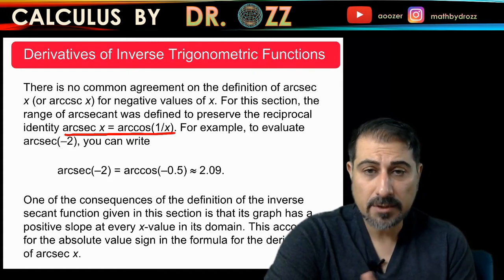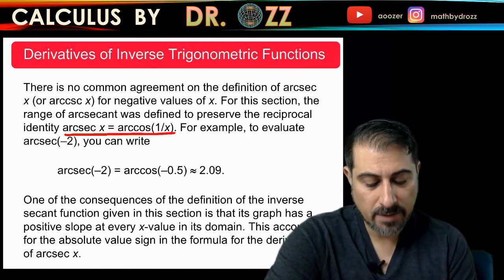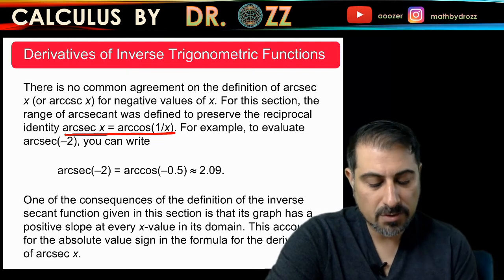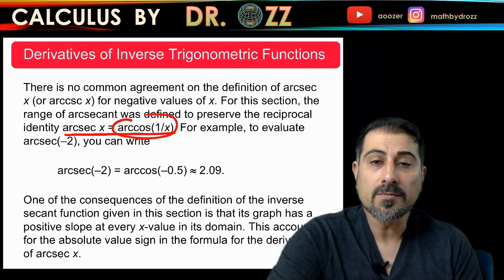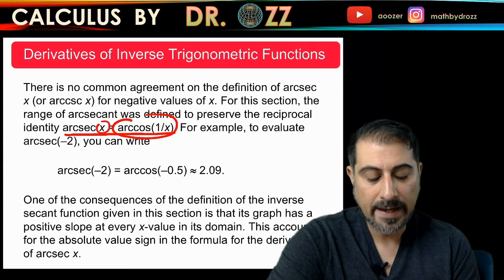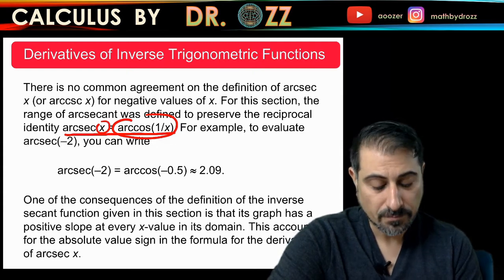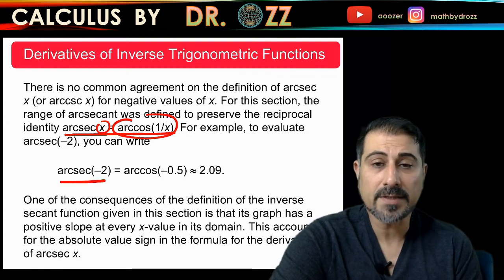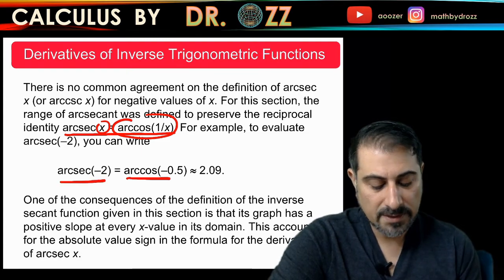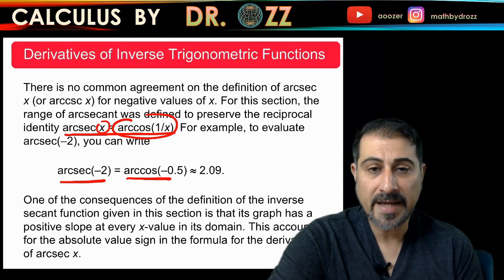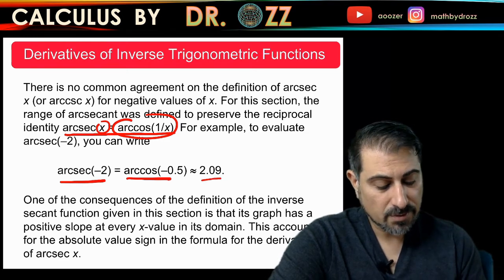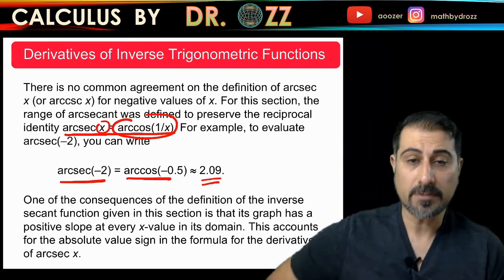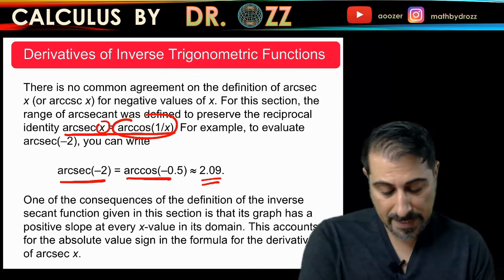Also, in your calculator you probably don't have arc secant, so you can use arc cosine of the reciprocal of x to evaluate arc secant of x. As an example, arc secant of -2 is arc cosine of -1 over 2, which is negative half, right? So this is something that you can use your calculator for and get a value at the end.